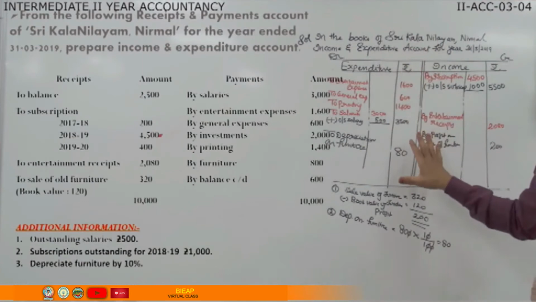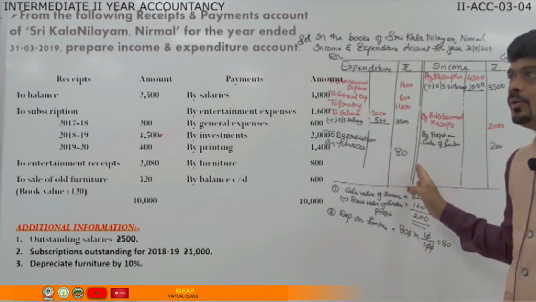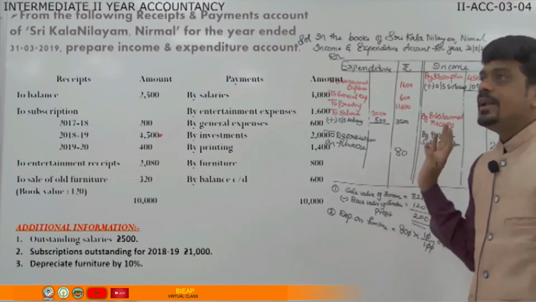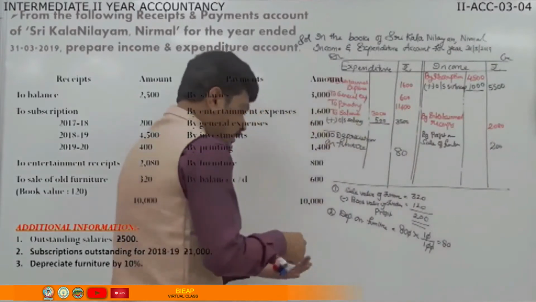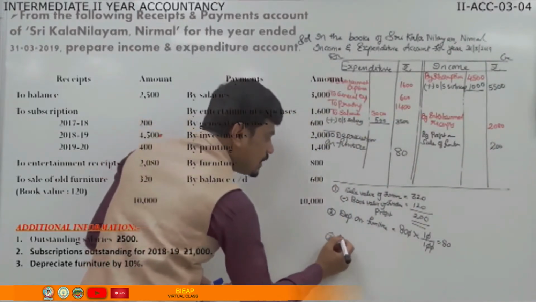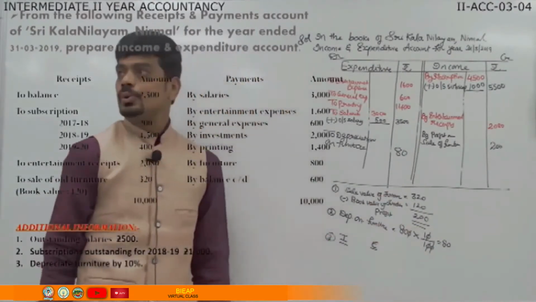Like this we have posted. This is going to give you 10 marks. But do you think we are going to get 10 now? No. To completely get 10 out of 10, the next part is important, and that is the last working number 3. Income total, expenditure total.